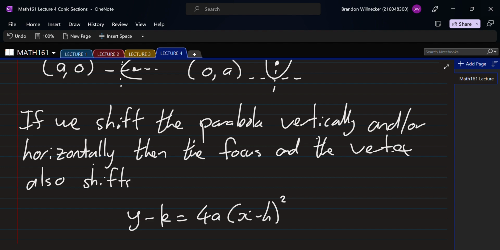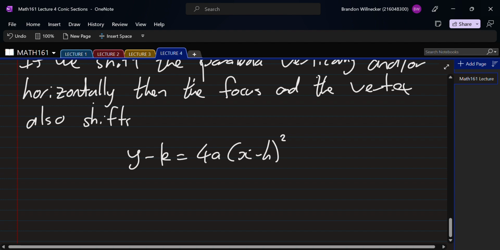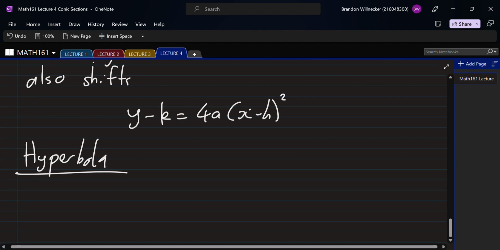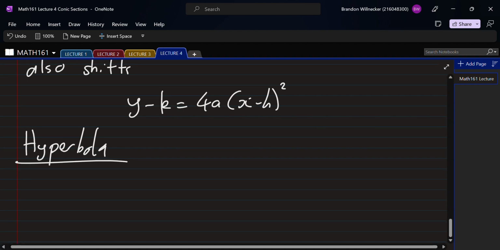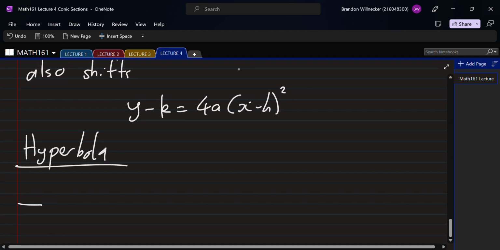Okay, so that's the parabola, and then lastly we have the hyperbola. Similar to the ellipse, the hyperbola will have 2 vertices and 2 foci. There are 2 forms of the hyperbola.